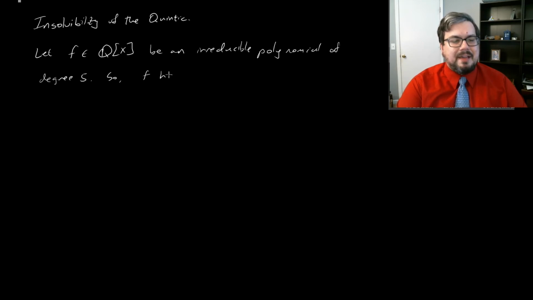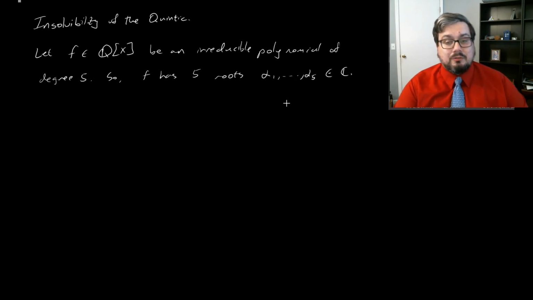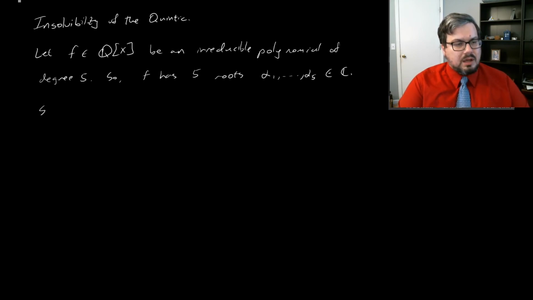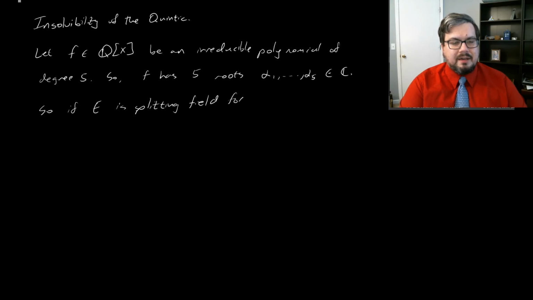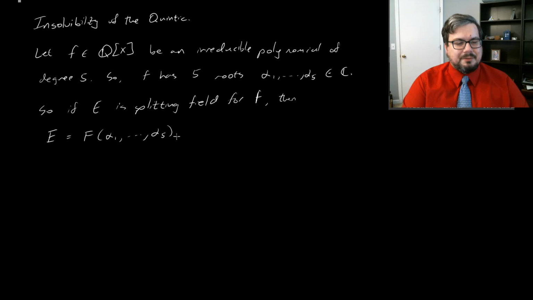So that means that f has 5 roots, alpha 1 through alpha 5, inside the complex numbers. So that means that if E is the splitting field for f, then we have that E is equal to Q of alpha 1 up through alpha 5.